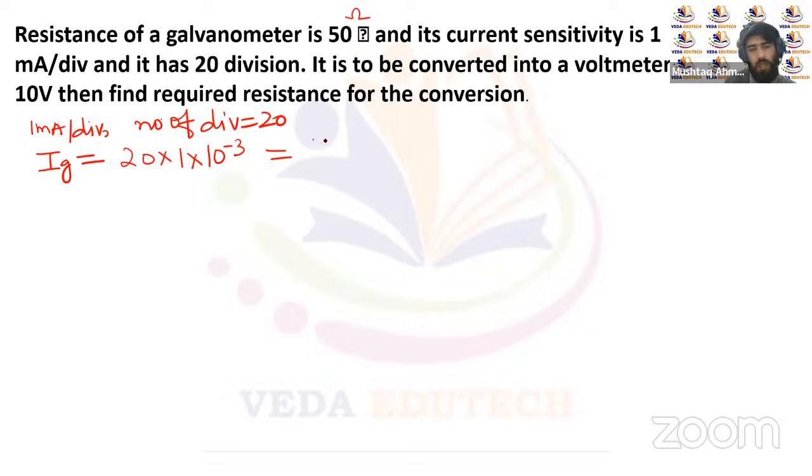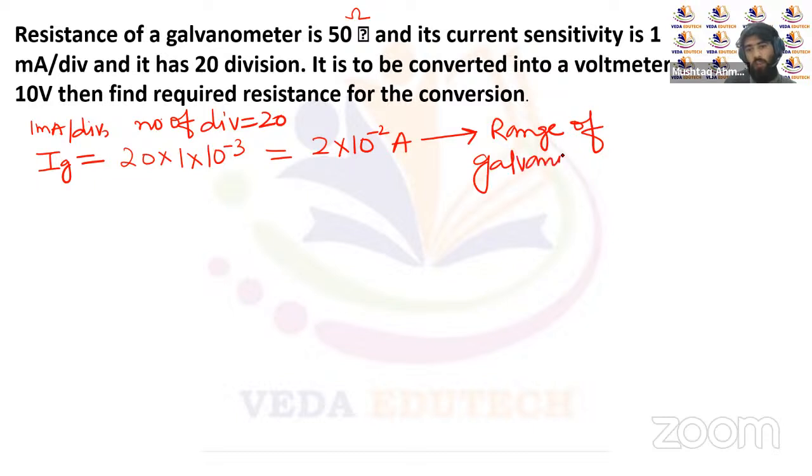So this will be 2 into 10 to the power minus 2 amperes, the range of galvanometer. Up to this range, the galvanometer can measure the current, that is 20 milliamperes, or 2 into 10 to the power minus 2 amperes, right?